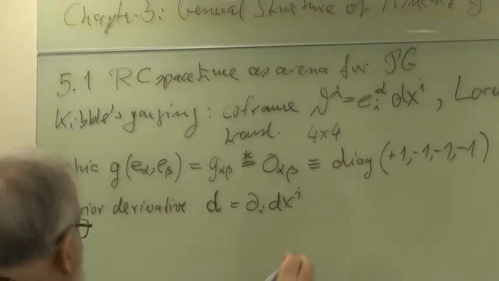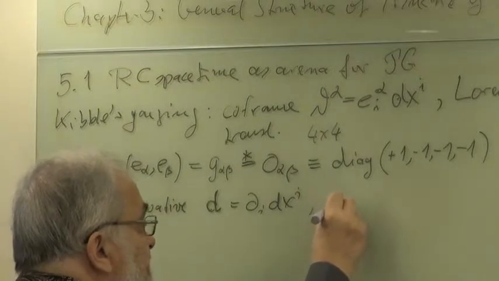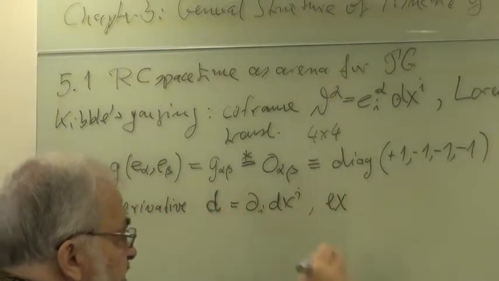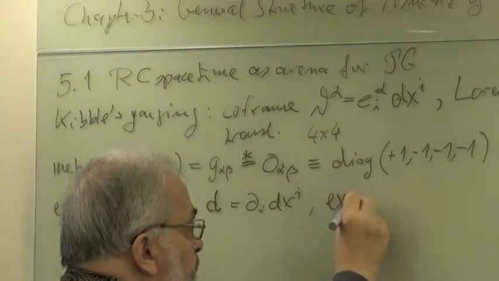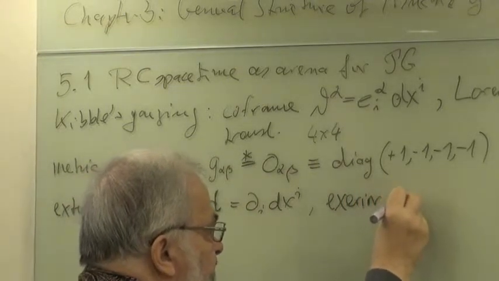And we have the exterior covariant derivative, if there are some indices, Lorentz indices, to be differentiated.